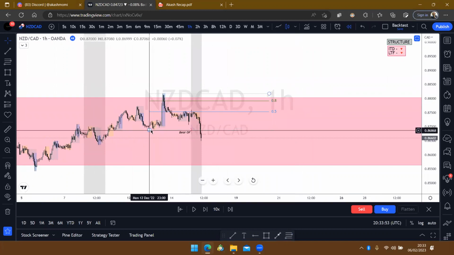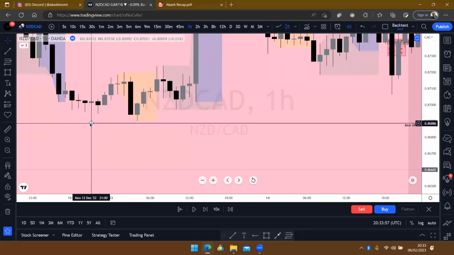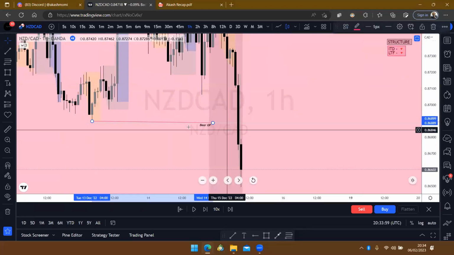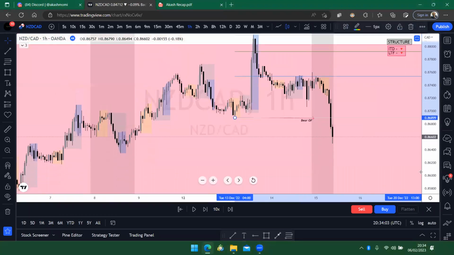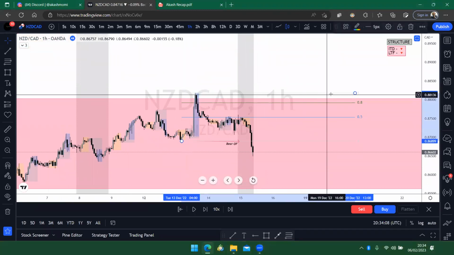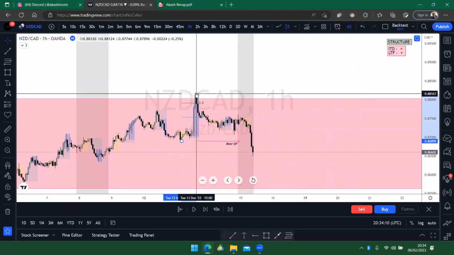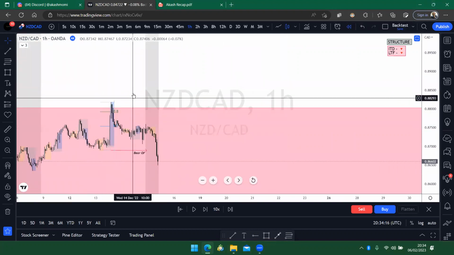I'm just doing from that low to that high. This is where the 80 is and this is where the 50 is.